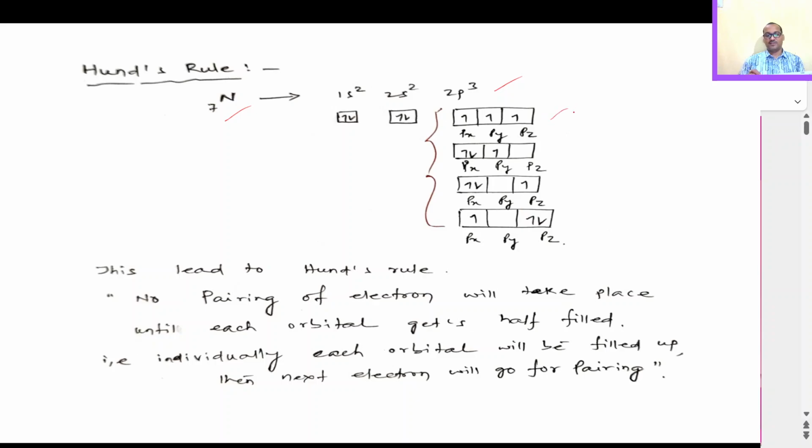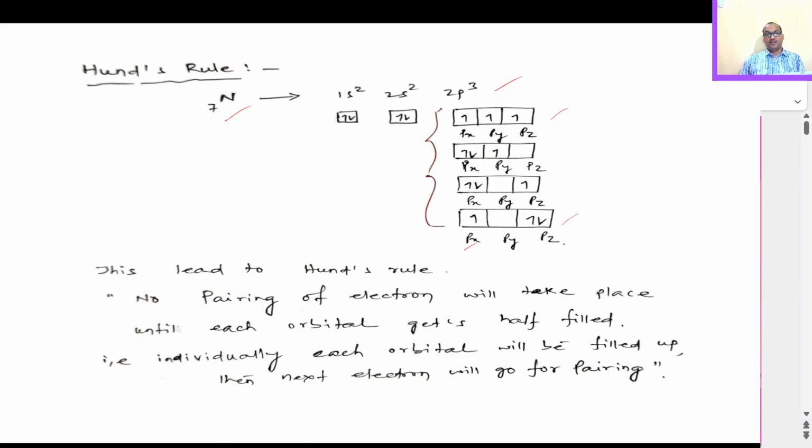The first type is this one, and in the second type we can put 2 electrons in px and 1 electron in py, and in the third type we can put 2 electrons in px and 1 electron in pz. Another combination is possible: we can put 2 electrons in pz orbital and 1 electron in px orbital.